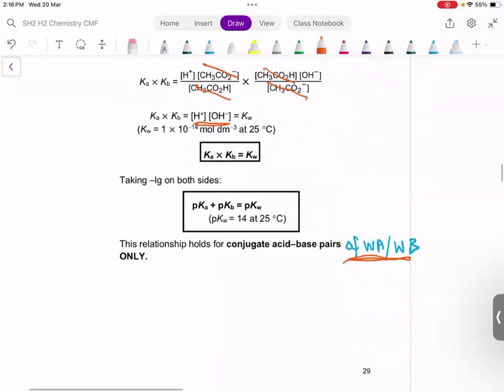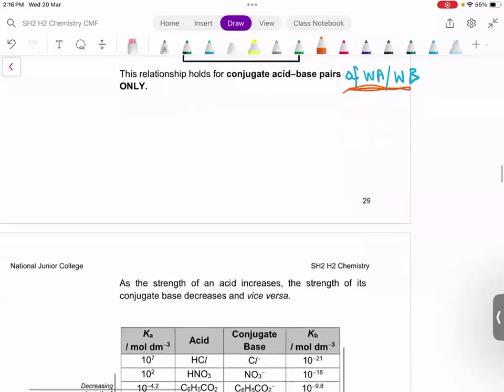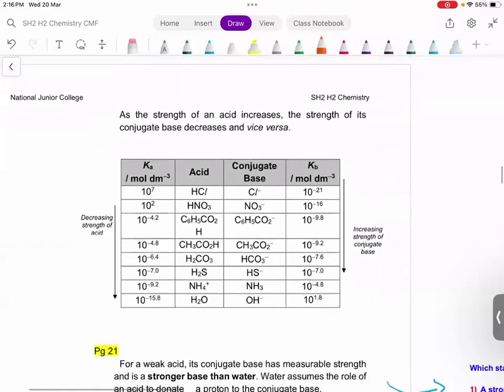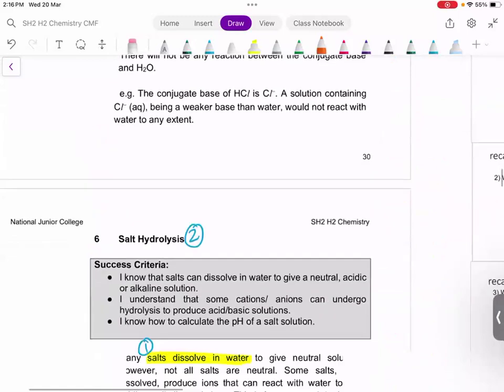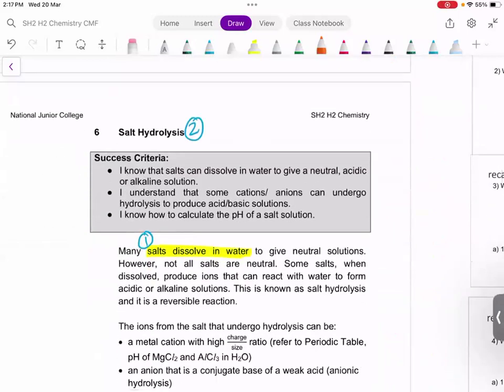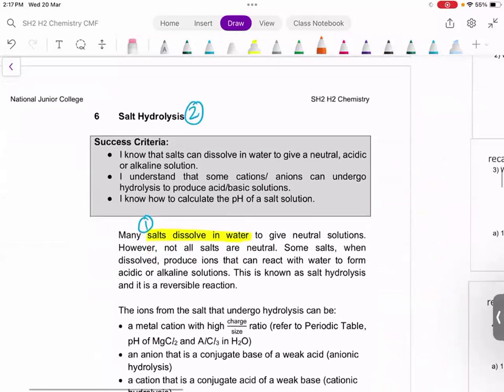With this in mind, we have this, which you can read on your own. Let's come to section 6. For acid-base equilibria, the salt that you're working with must be soluble.